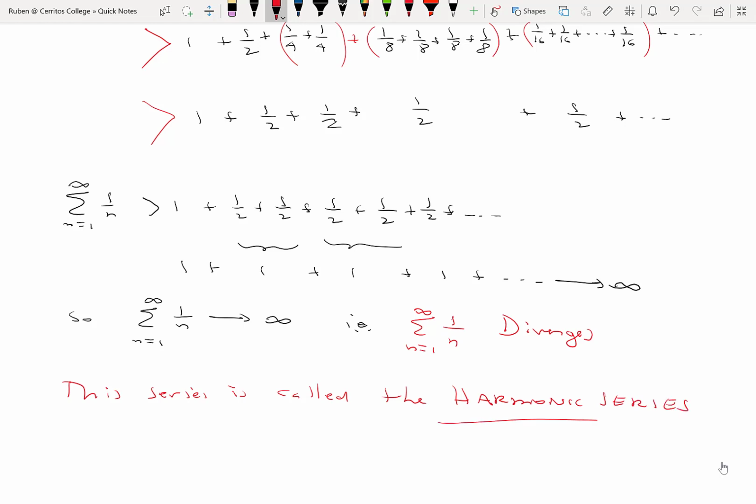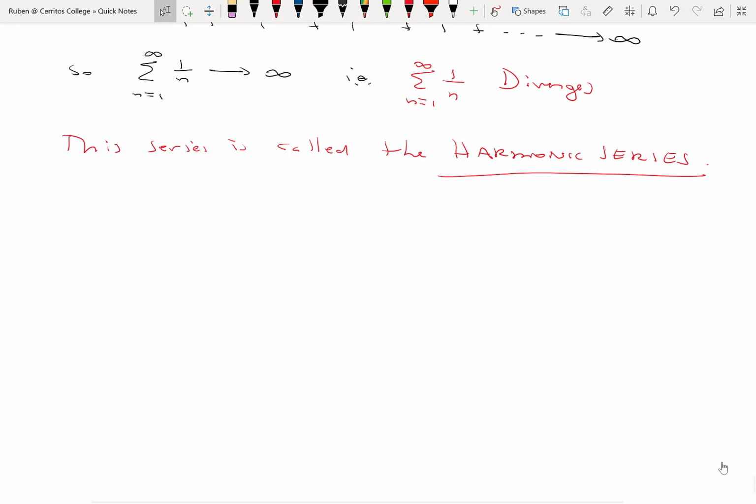And what do we do with it? We memorize what it does. The harmonic series diverges. Okay, what I'd like to end our section with is one test to determine that a series diverges, one example, and a couple of ending remarks.